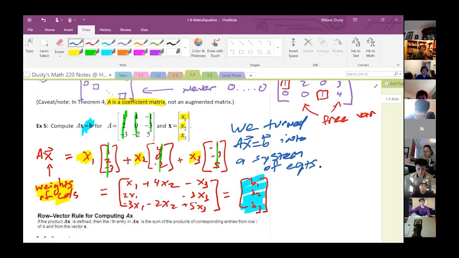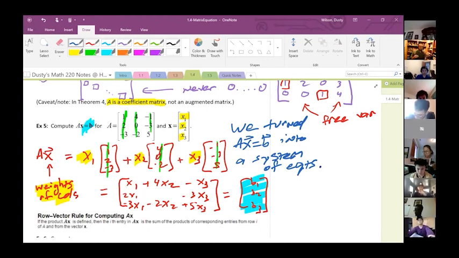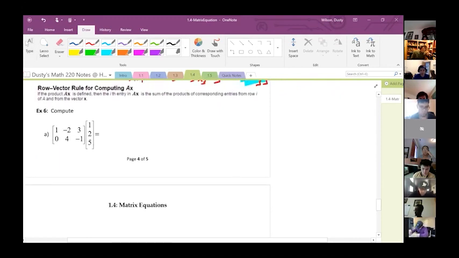So we have been talking about matrix multiplication, and we've been doing it by treating things like linear combinations. Now we're going to look at matrix multiplication a second way. So this right here is a second take on matrix multiplication.